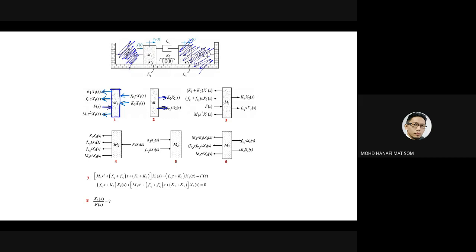So we combine 1 and 2, we put them together, and we will have the first equation here. So basically, this is the equation.